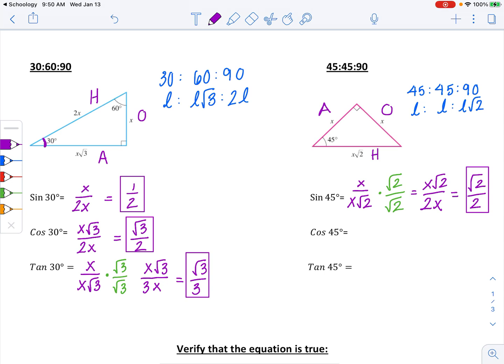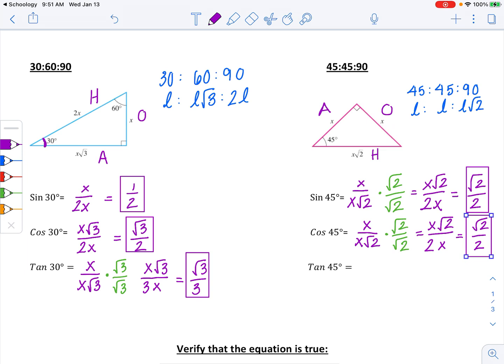Cosine is going to be adjacent over hypotenuse. Hopefully you realize it's the same, based on the fact that both angles are going to be 45, that it should make sense. Here you multiply across, what cancels out? Root 2 over 2. So if I ask, what is the cosine of 45?